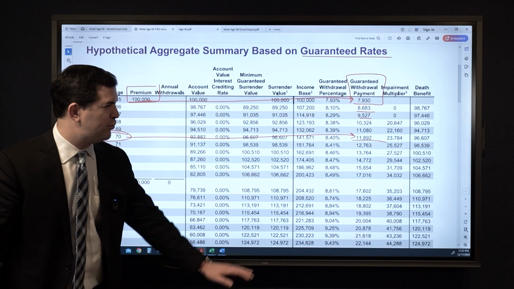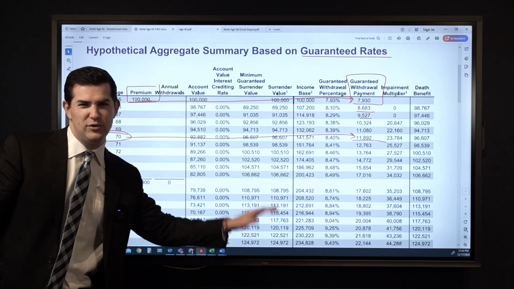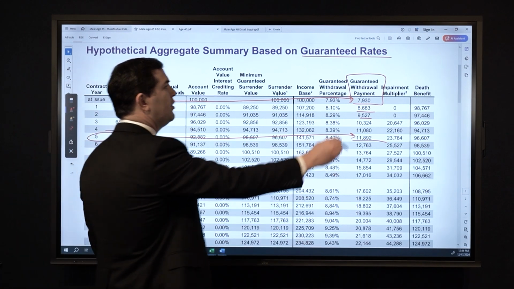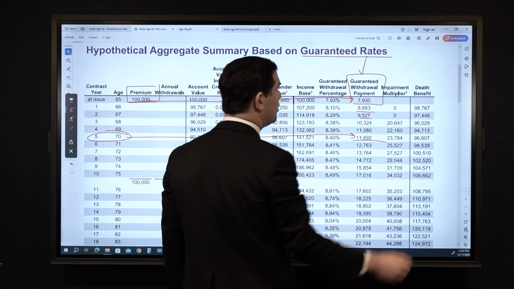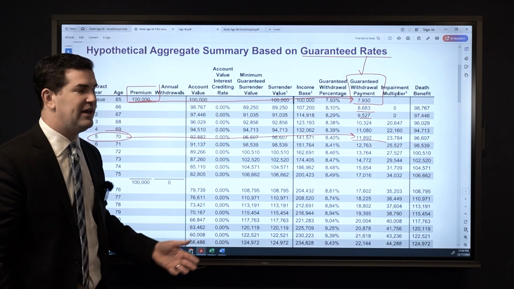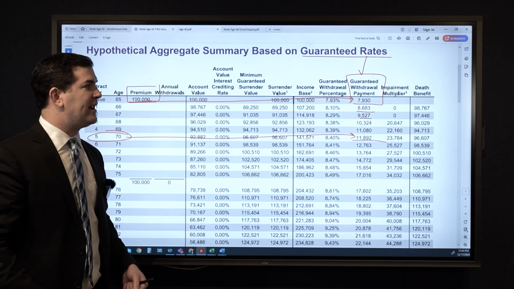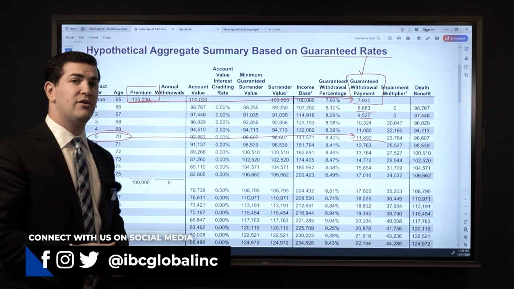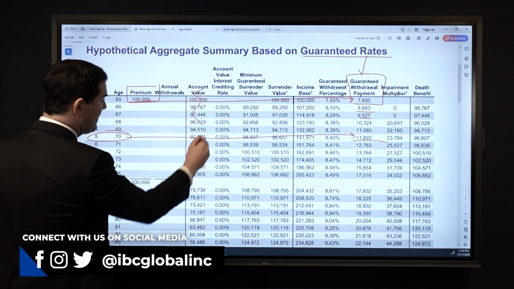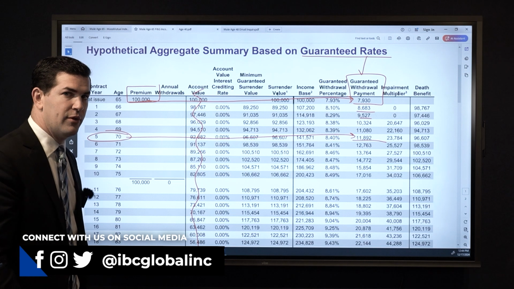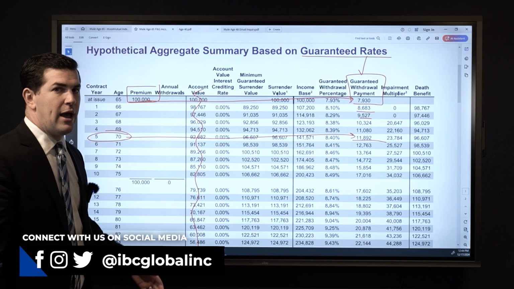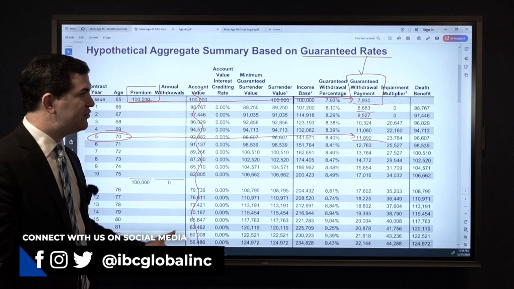I'm going to pull up an Excel sheet that I think is a little bit more simple than this in a moment, but what this is showing is the guaranteed withdrawal payment that he will receive when he flips that income switch on. That income is guaranteed to last for the rest of his life, even if that account balance goes down to 0.